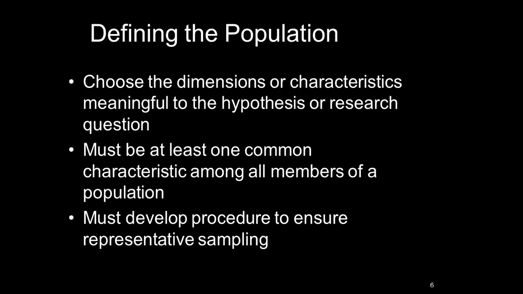So, like I said, college students in the United States would be some characteristics, but you might have other things that tie into it as well. Perhaps individuals working in high-risk organizations would be another example, or users of Facebook, and so on and so forth. Then, as a researcher, you must ultimately develop a procedure to ensure that your sampling is representative, and I'm going to address what that means next.